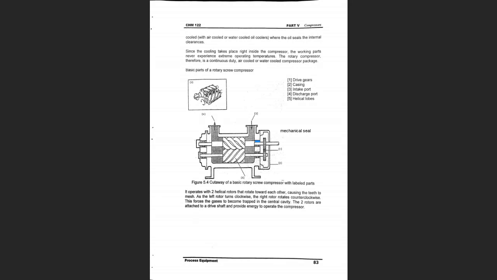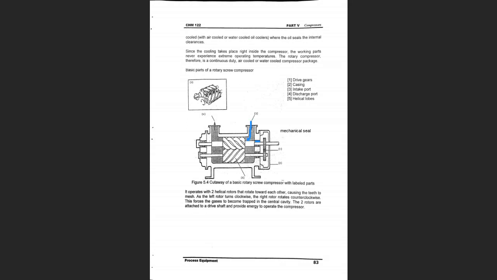Now instead of the mechanical sealing, guys, they can also use a liquid sealing or gas sealing, where gas or liquid can enter and exit. As an example, I'm going to try to make it as clear as possible. Now this is the gas that you have inside the casing.